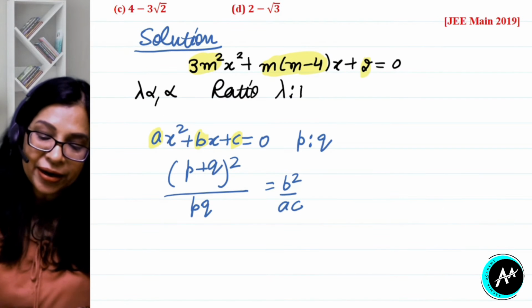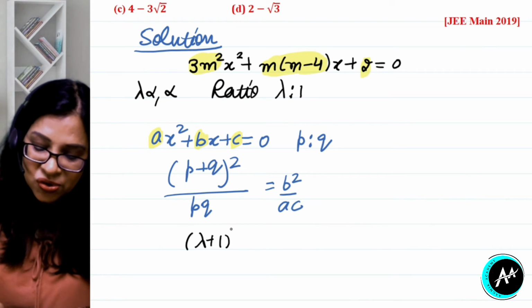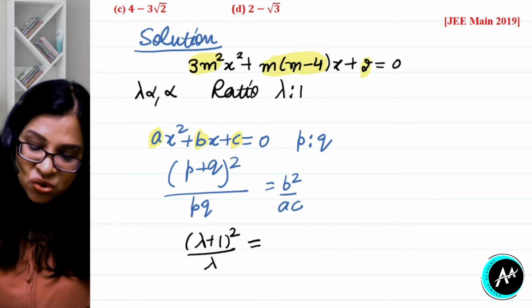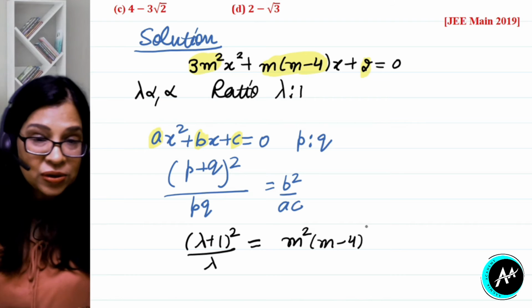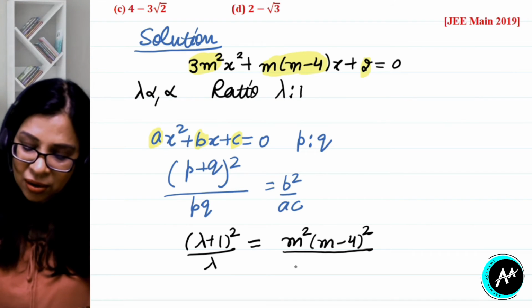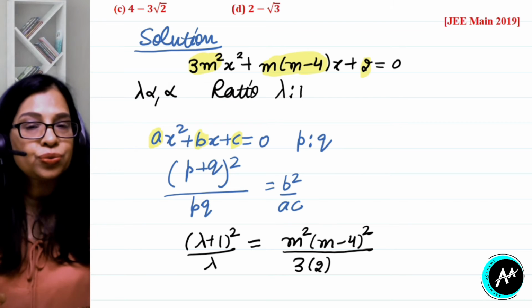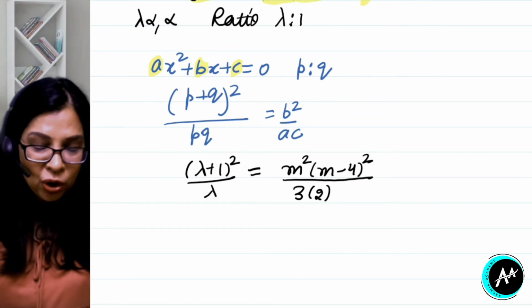So let me write the condition first. So now the condition becomes lambda plus 1 whole square divided by lambda is equal to b square, means m square into m minus 4 whole square, and divided by AC. A is 3 and C is 2. Let us simplify now. On the left hand side, let me open the brackets.